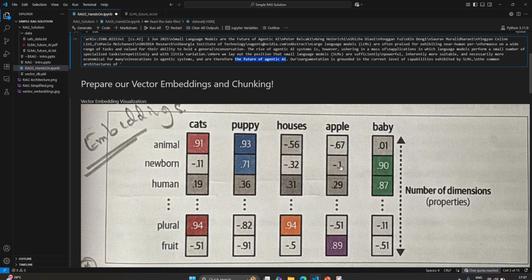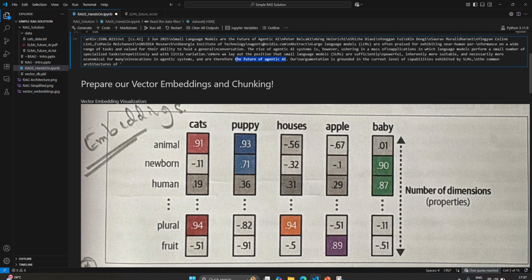This is all represented in a numerical matrix structure. That's why I am calling it a numerical representation of your words against their properties. The number of dimensions is basically your properties.